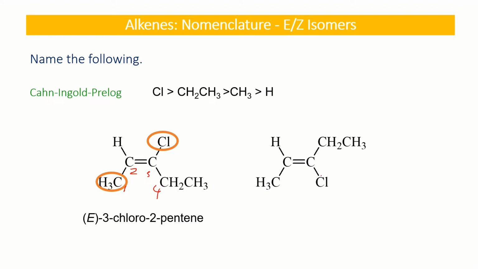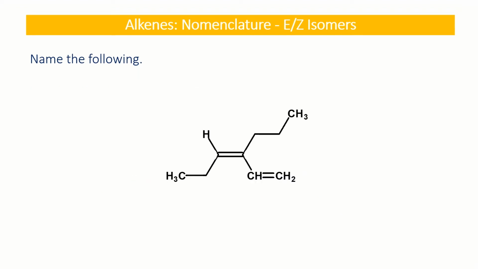Or should I correct myself and say they're E's? In the case of the second molecule, both the methyl and the chlorine are on the same side, and so they are Z's. So this is Z-3-chloro-2-pentene.